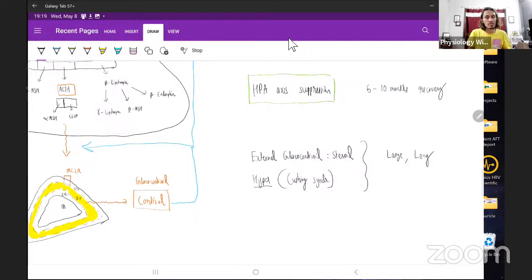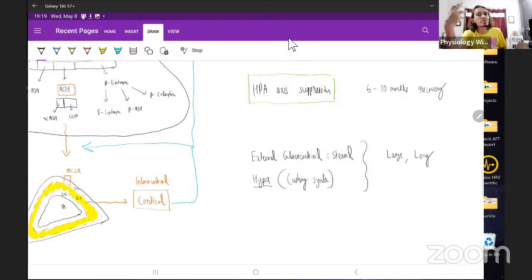When you're giving external glucocorticoids, you suddenly stop it. Then, because of the HPA axis suppression, your cortisol will not be released. Cortisol is something that is required in our body, especially to respond to stress. So that HPA axis suppression makes sure that for the next 6 months also, there is no cortisol being produced.